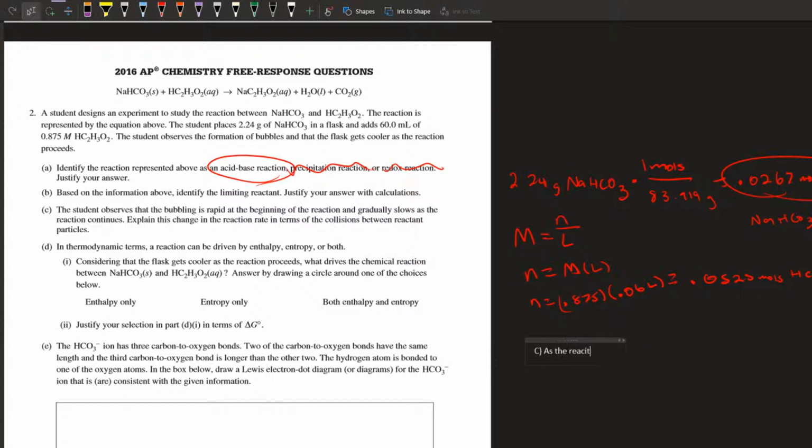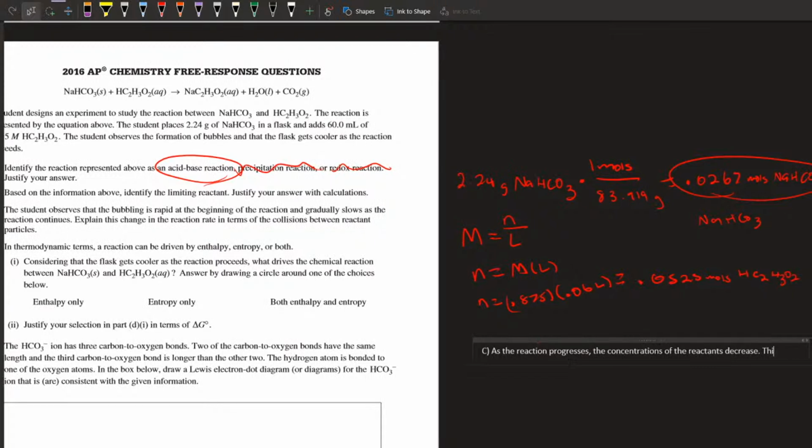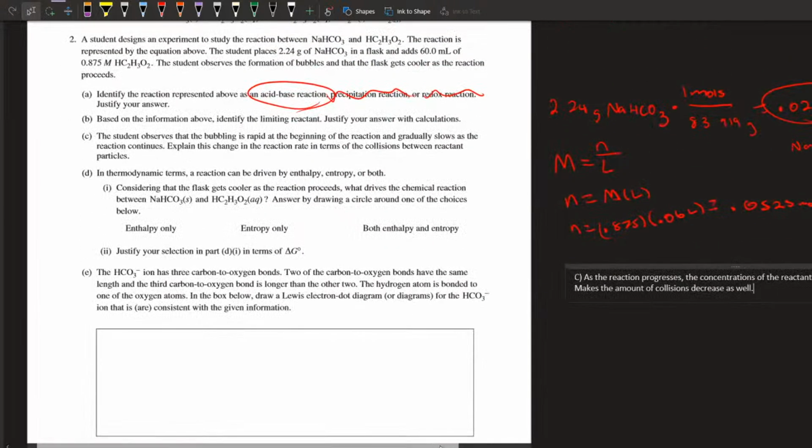As the reaction progresses, the concentration of the reactants decreases. This makes the amount of collisions decrease as well. Sorry about my loud keyboard, guys. But that's essentially something you want to write for C.